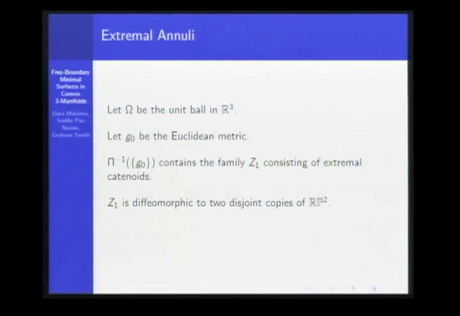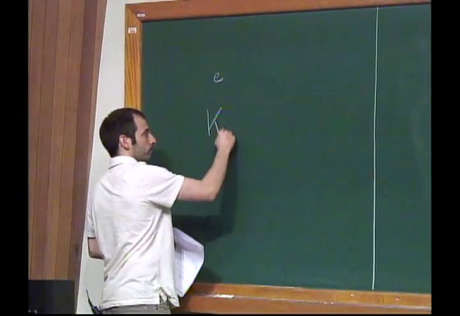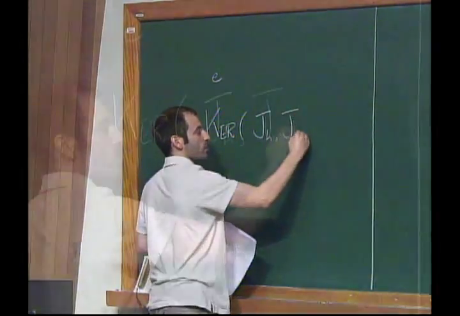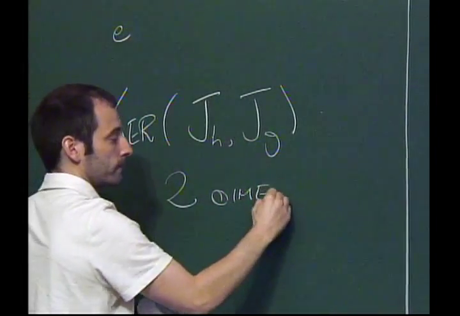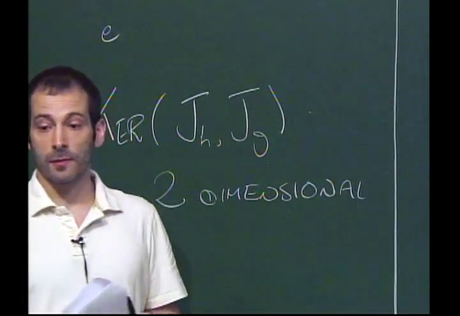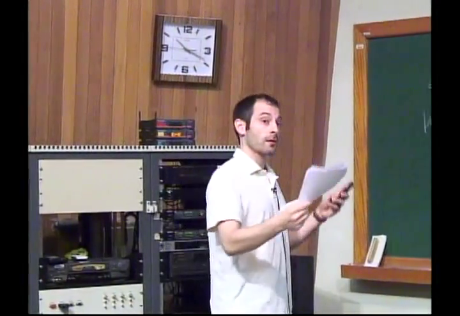Not only can we show that, but you can also show that for every embedding E in this family, the kernel of this Jacobi operator, J theta, is two-dimensional.